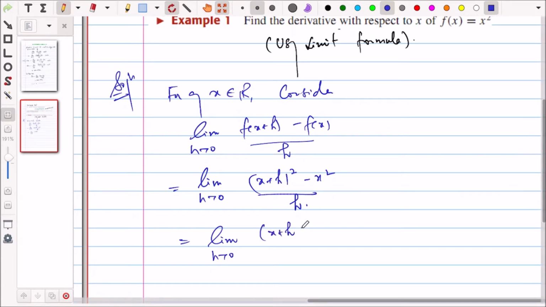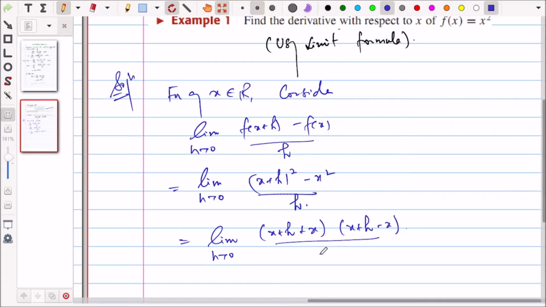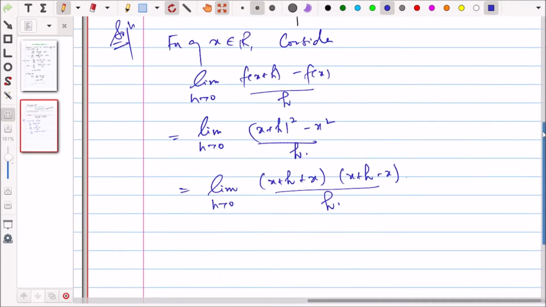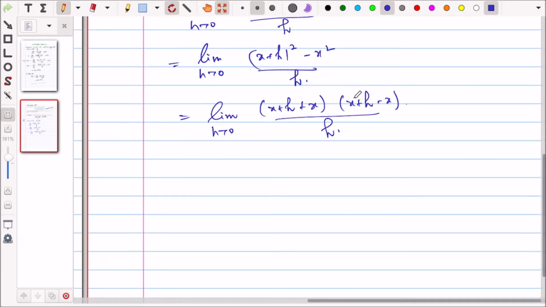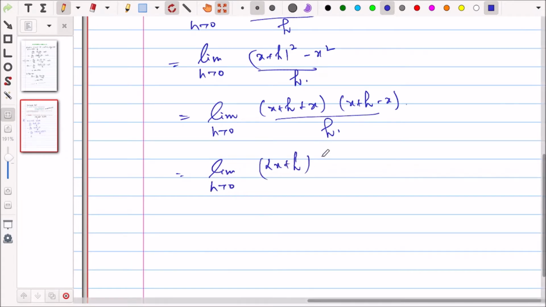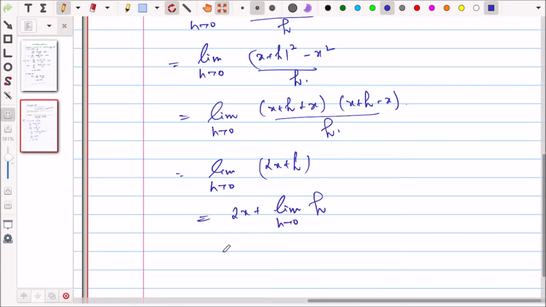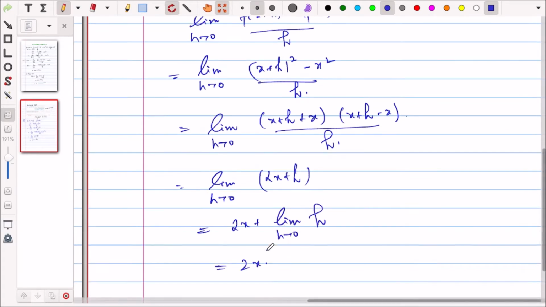(x plus h plus x)(x plus h minus x), right? (a plus b)(a minus b) upon h. So this will be this. So x gets cancelled, h gets cancelled. So you will be left with 2x plus h, and now you can take the limit. Because x is independent of h, this will become 2x plus limit h tends to 0 of h, which is equal to 2x.